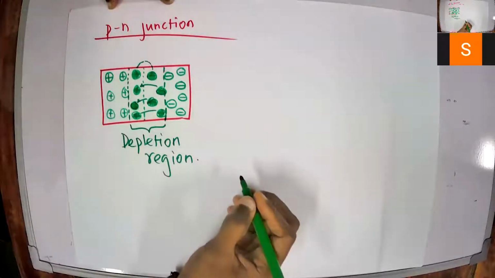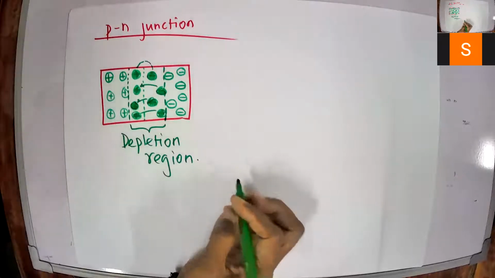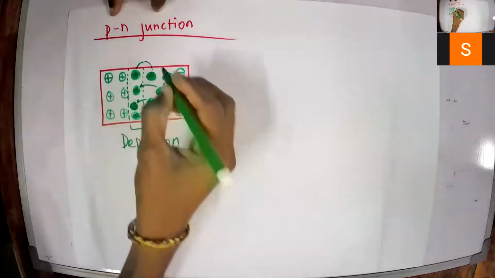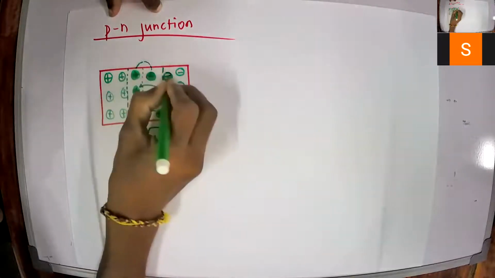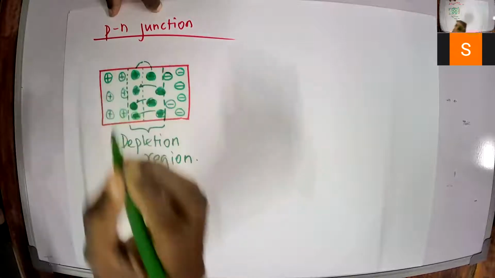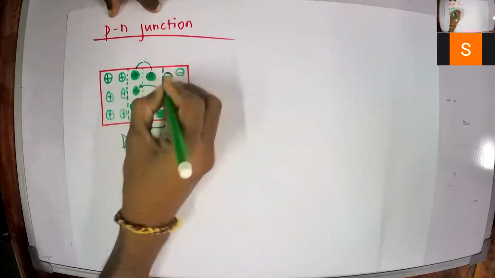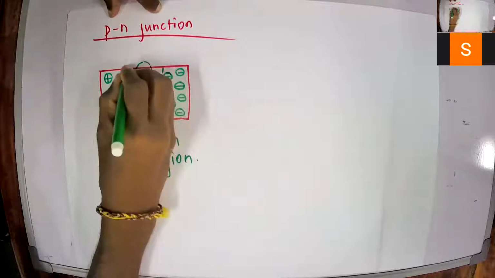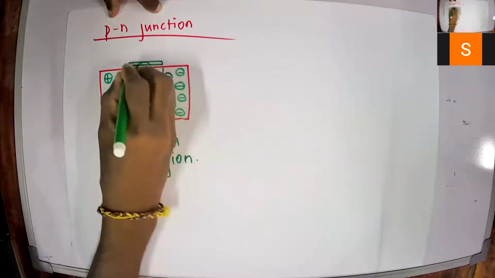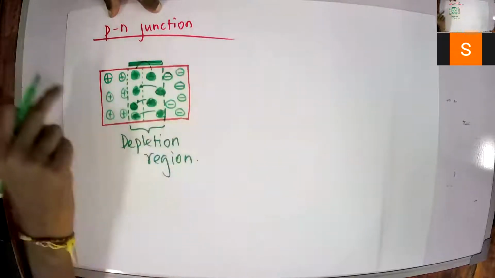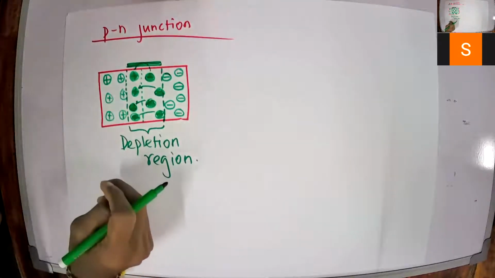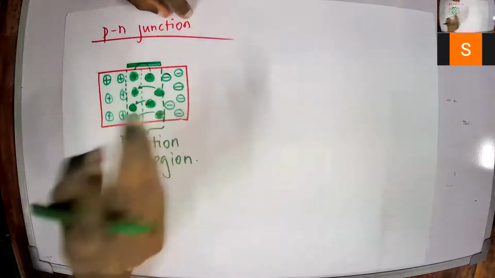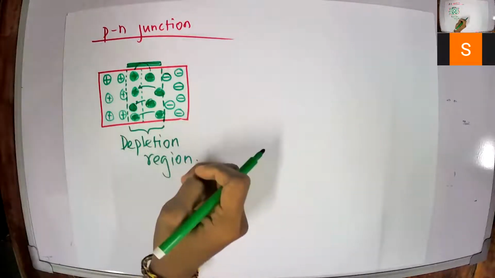Depletion region, right? But now look here. If this electron wants to join with this hole, it has to jump across this charge-free region. Hence, it needs a small amount of energy.